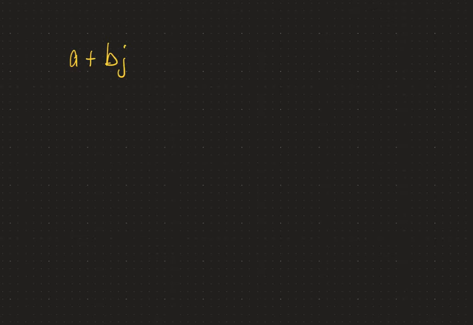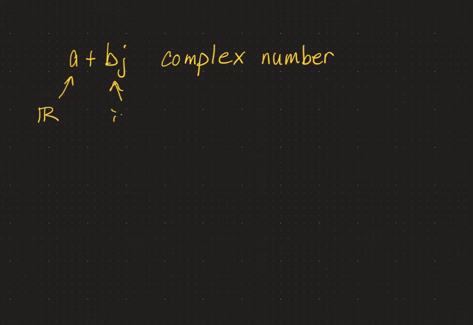A complex number is called complex because it is composed of two different parts. It is composed of a real part and an imaginary part, the imaginary part having the j within it, j being the square root of -1.